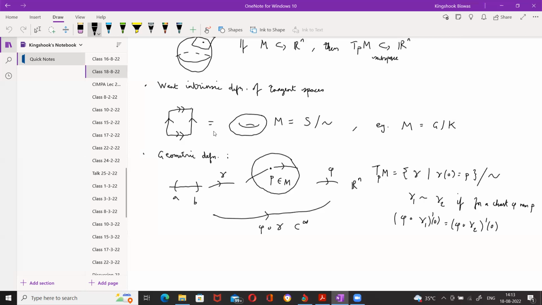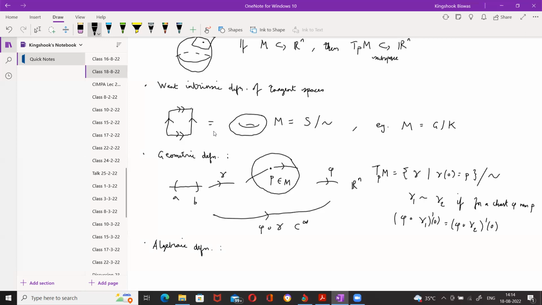We're going to take what's really a more algebraic definition of the tangent space. So, any questions about this geometric definition?